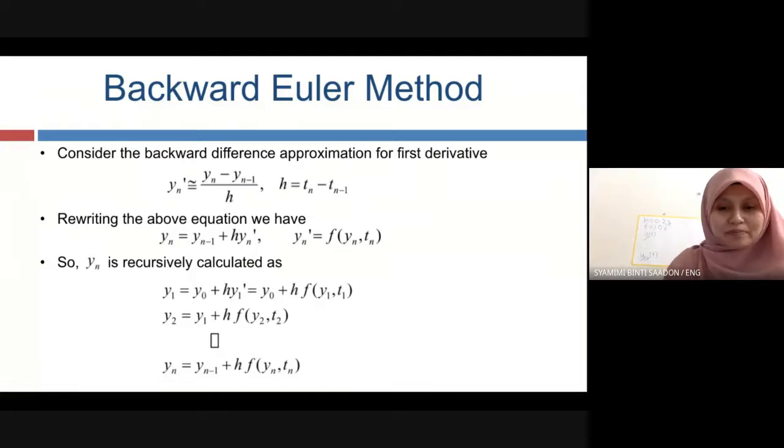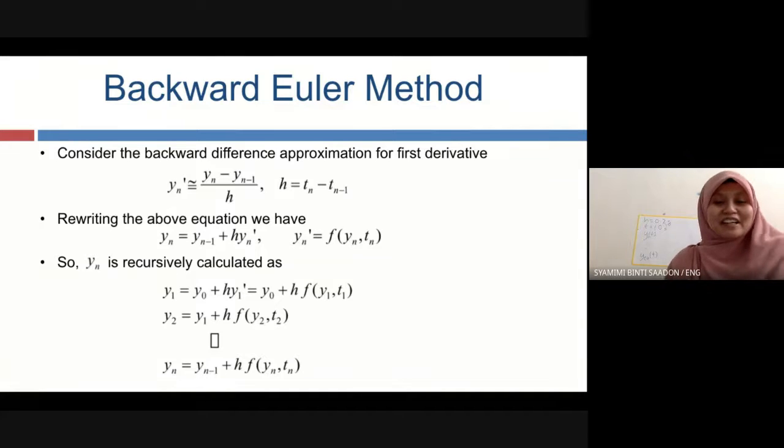If you imagine it graphically, in the forward method we apply the first derivative at the forward point, the future point. With the backward method, we use the previous point.